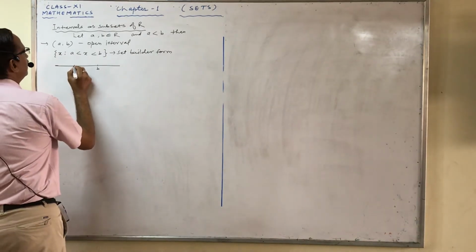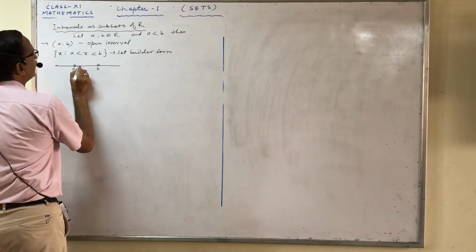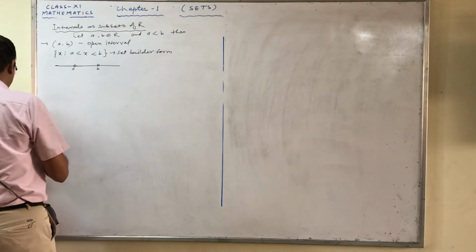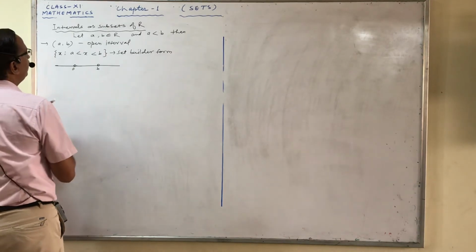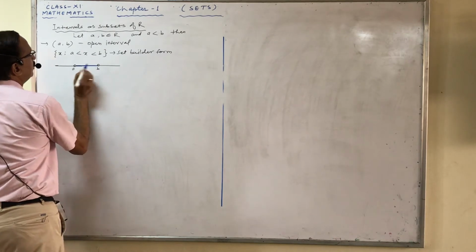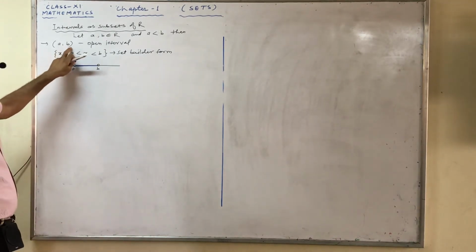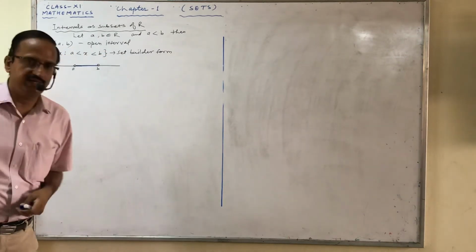It means we will mark the symbol like this and dot the portion in between A and B. So this represents the interval AB, that is open interval.